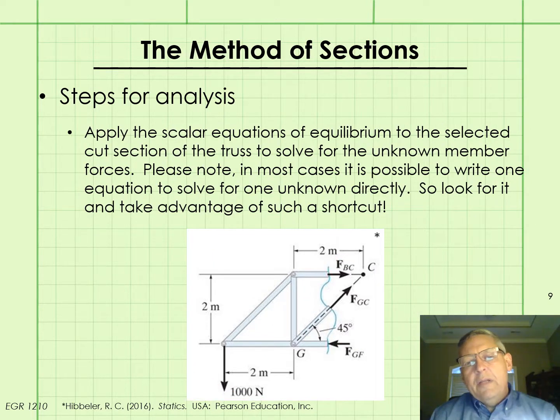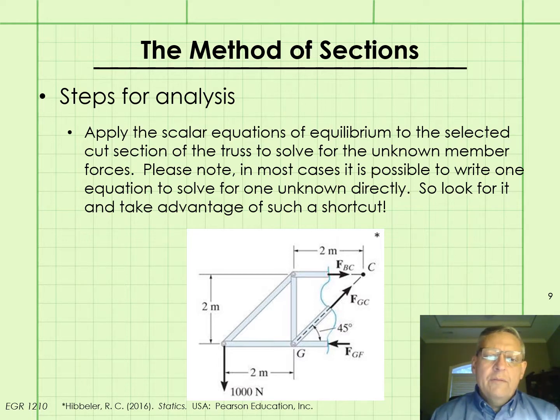The last step in the analysis is to apply the equations of equilibrium to your free body diagram and solve for the unknown forces. Now note here that in the method of sections, we're dealing with a 2D rigid body that's in equilibrium.